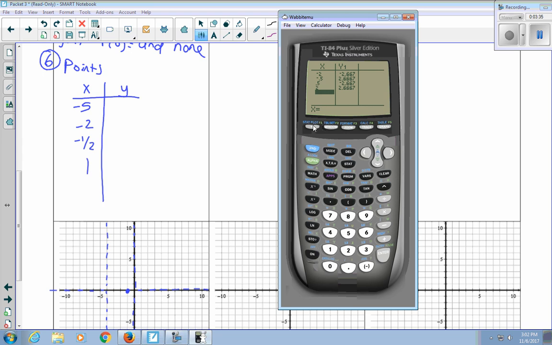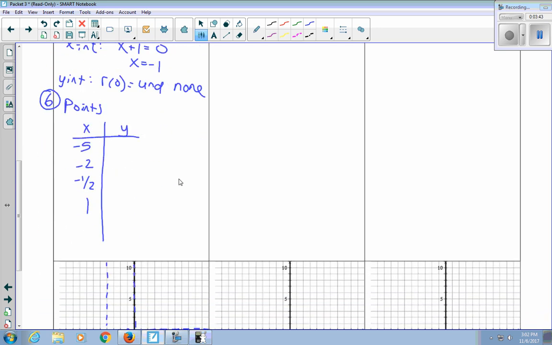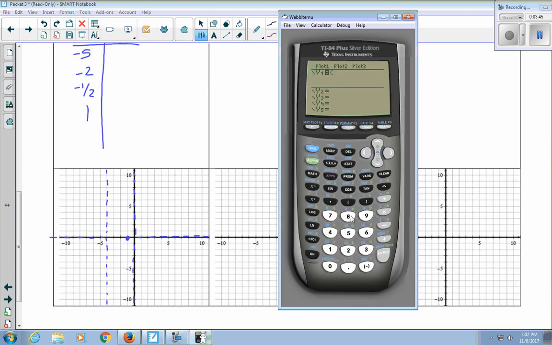Okay, so a quick way to do this is to type your function into y1. So it was x plus 1 over x times x plus 4. Go to my table, type in the x's I want, -5, -2, -0.5, and 1.